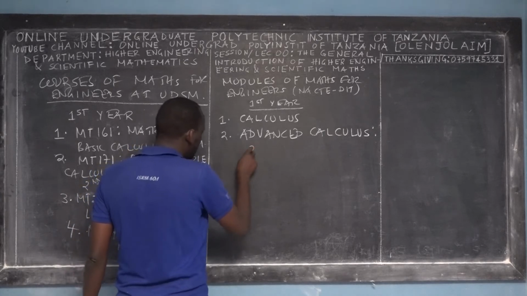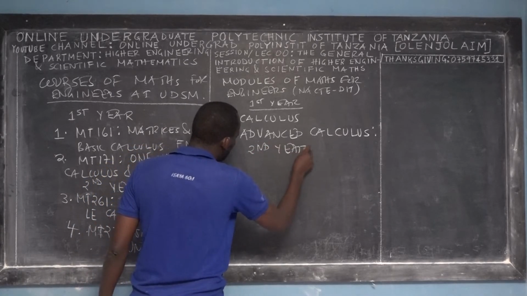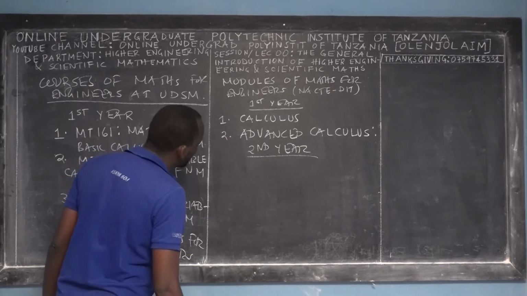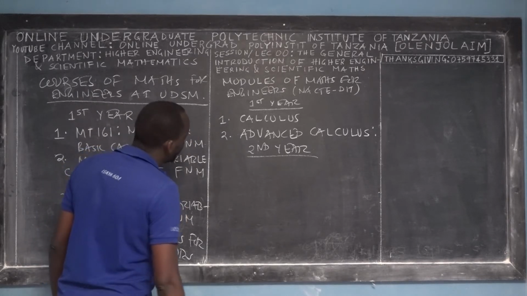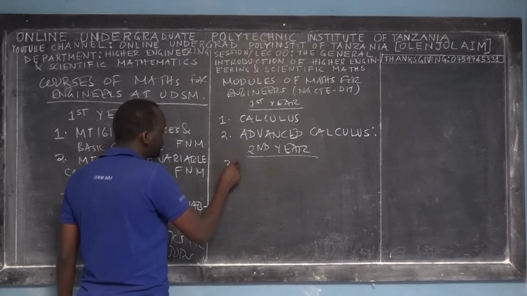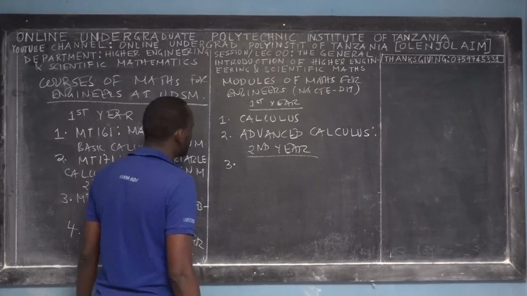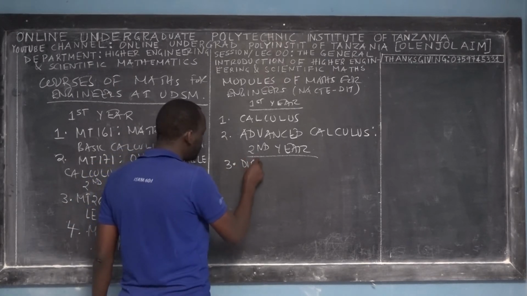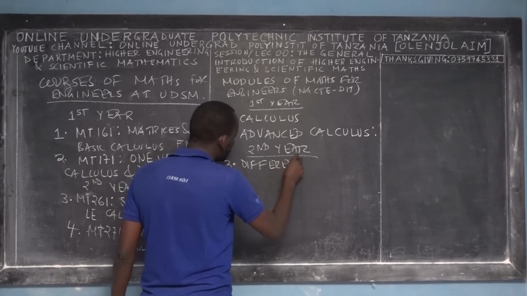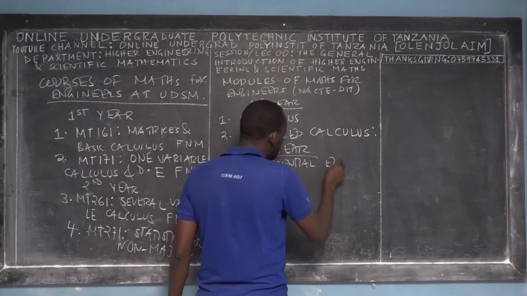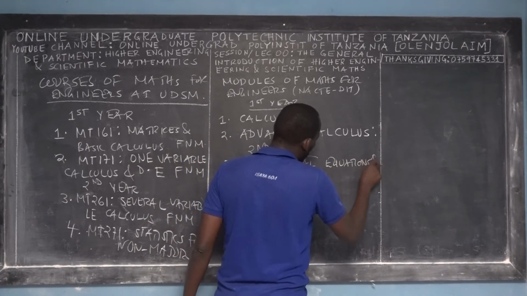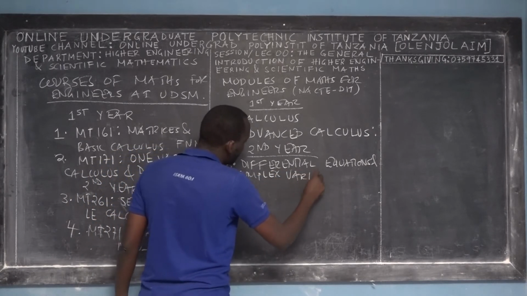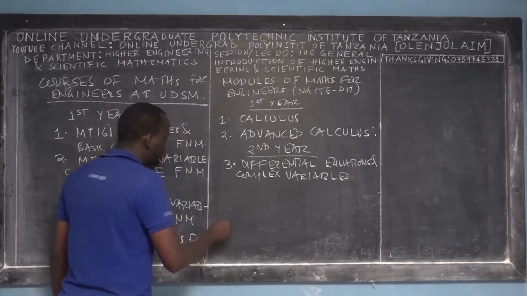Then for the second year, at DIT or under the NACTE category, whether it is an Institute of Technology and Science or another technical institute, we have the first module for the first semester, which is called differential equations, which I will teach you, along with complex variables.